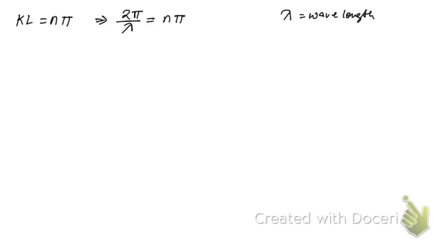Sorry, I missed the L. So from here we get lambda is equal to 2L by n, where n is equal to 1, 2, 3 and so on.